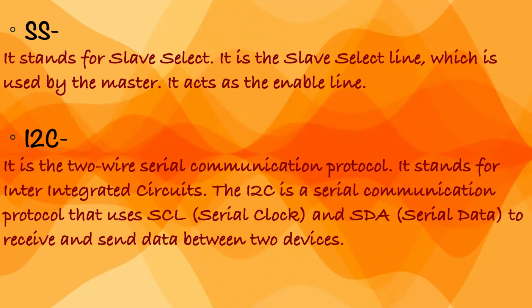And then comes I2C. What does I2C mean? It is a two-wire serial communication protocol, which stands for inter-integrated circuit. I2C is a serial communication protocol that uses SCL, serial clock, and SDA, serial data, to send and receive data between two devices.